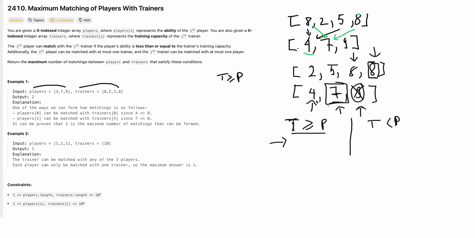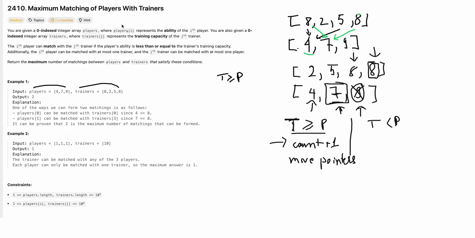So when the trainer is greater or equal to the player, we can remove this one, or just move the pointer to the next element in the array. And we need to work with the sorted arrays in this case. We remove, count by 1, and move the pointers.